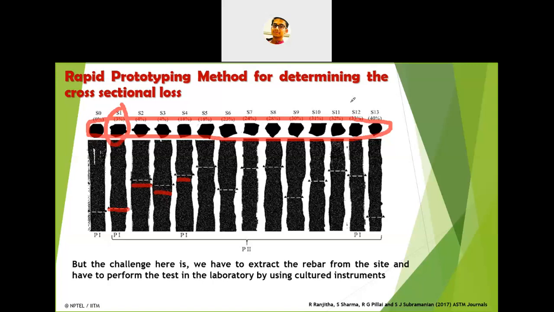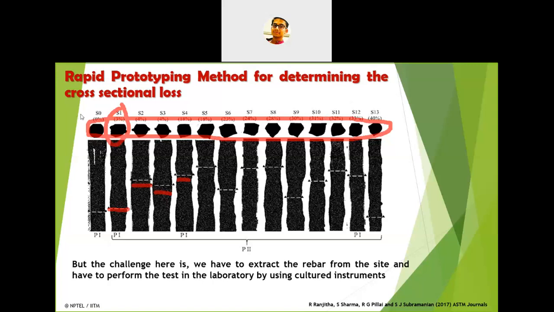But the challenge here is we have to extract the bar from the site, and we have to do some laboratory test. We have to bring the specimen into the lab for doing this test. We cannot do this assessment on site. So this is the challenge, and we have to use sophisticated instruments for getting these types of measurements.